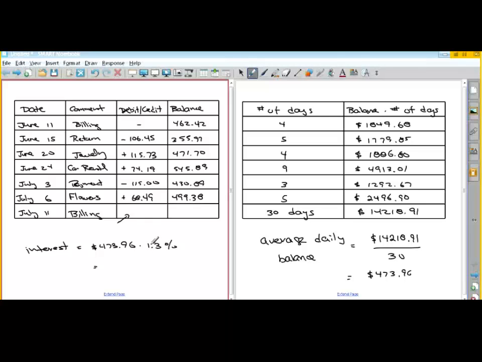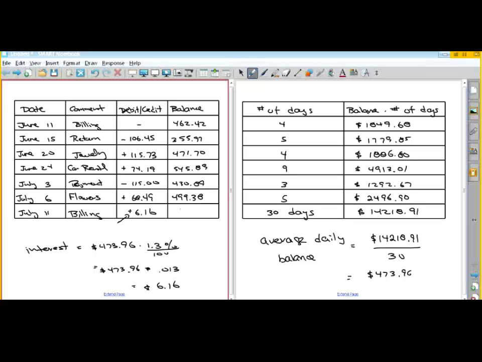You divide that by 12 to get 1.3% per month. But remember, we never leave it as a percent, so we've got to multiply by 0.013. So 0.013 times 473.96 is $6.16. That's going to be added.